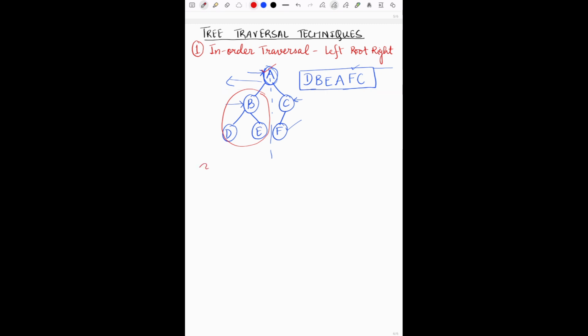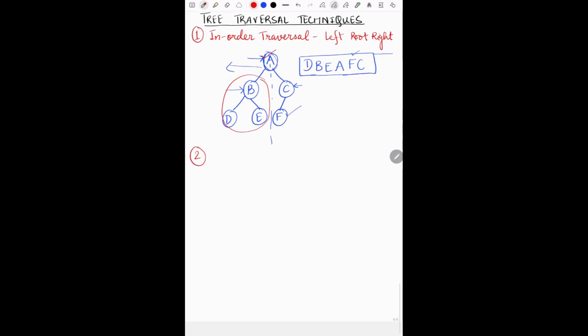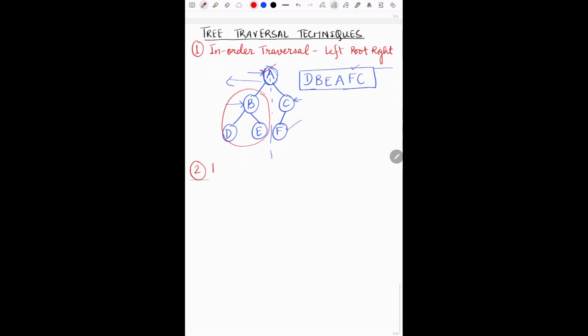Now let's look at the next type of traversal, which is pre-order traversal.